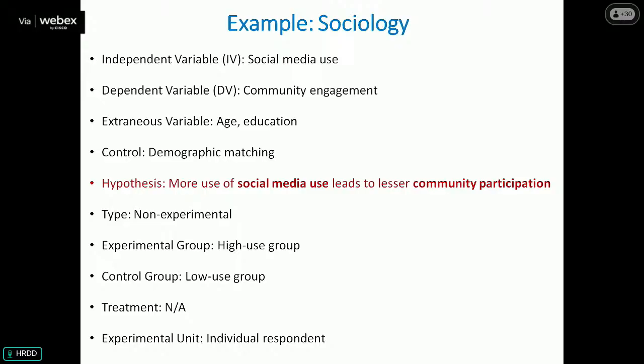Also education; these are extraneous factors. If you do not take the sample accordingly, say one 70 years, one 50 years and one 20 years, and study these three, you will see a big effect at 20 years and no effect at 70. So it will have an error in the outcome that social media use leads to lesser community participation. So that is an extraneous variable.